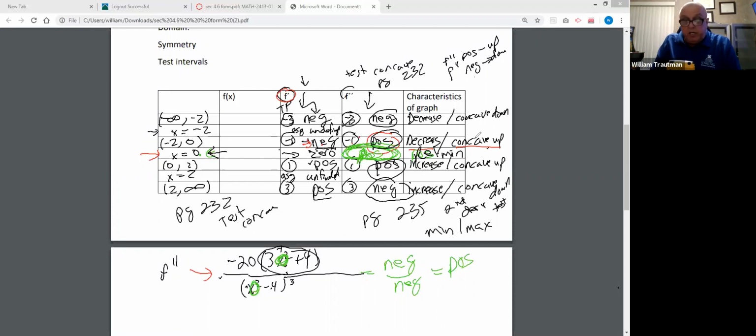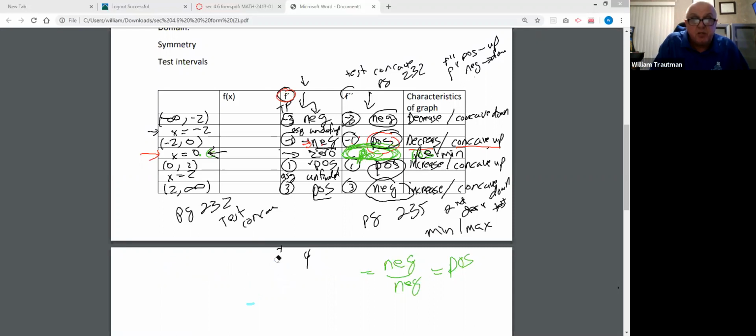So I'm going to go to y equals and erase this and type in the original function.